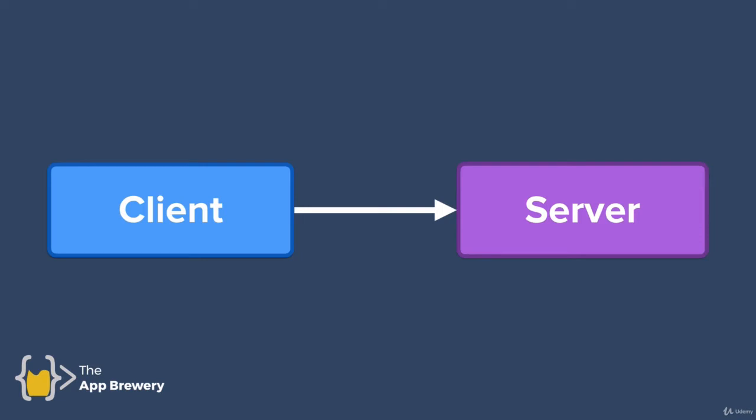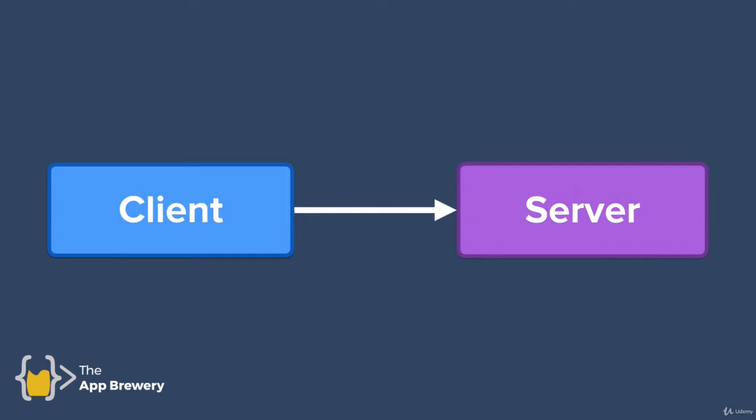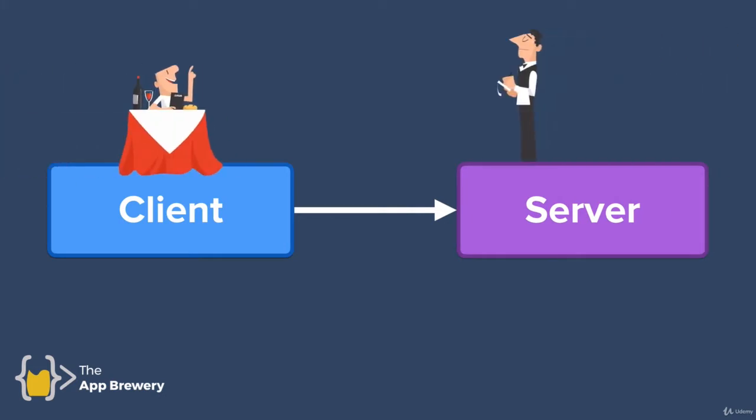So let's just review it quickly. The client makes a request to the server. So what exactly is the client? Well, if we were in a restaurant, the client would be the client who's paying for the meal, right? And the server would be the server staff at the restaurant. So when our client makes a request, say, I'd like a pizza, please, then the server has to check to see if this is something that the restaurant can fulfill.